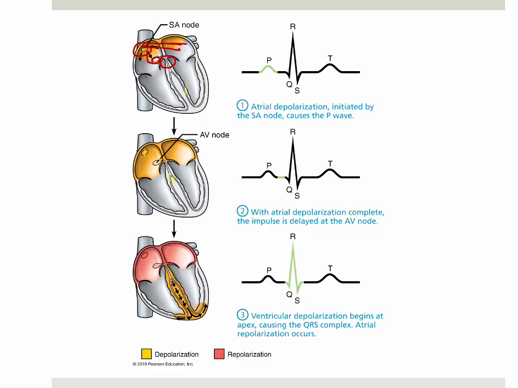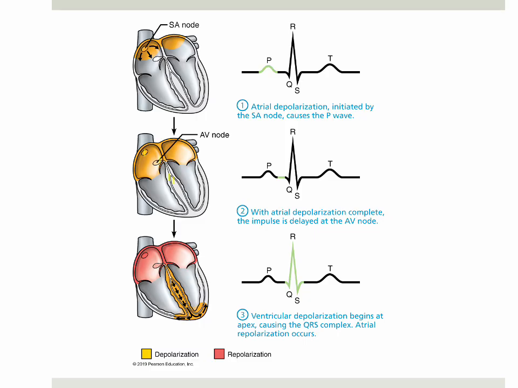Okay, the bundle of His is going to stem to the bundle branches, the left and the right one, and from there it's going to stem to the Purkinje fibers. Okay, this complex or system is going to be responsible for the electrical conduction of the heart.